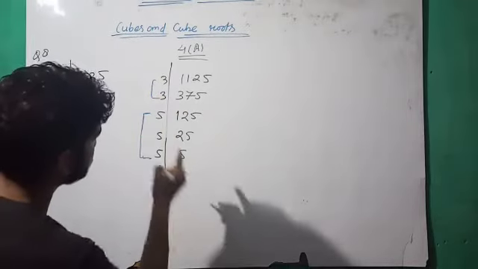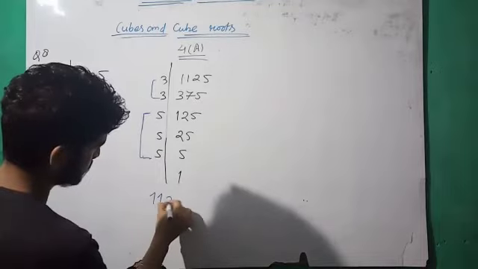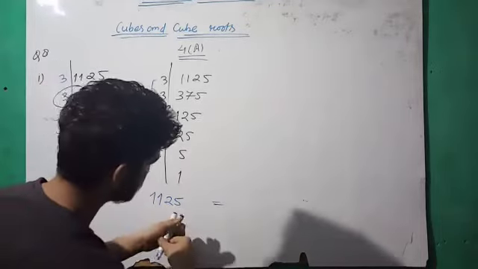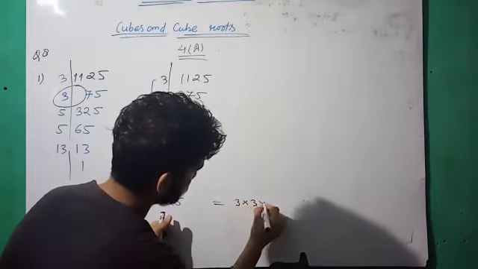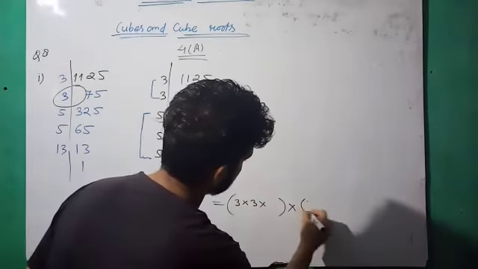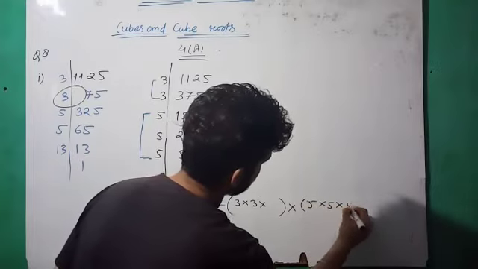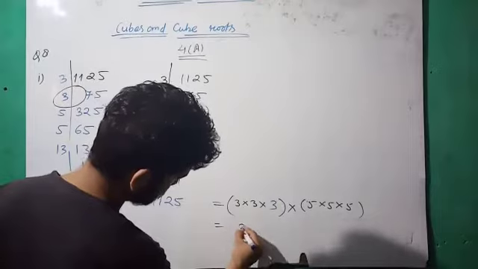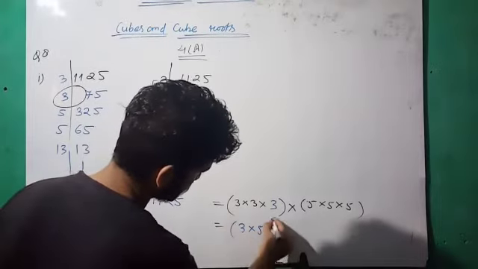So we have to multiply this number by 3 only. 1125 is 3 into 3 into 5 into 5 into 5, so we multiply it by 3 so that it becomes 3 into 5 cube.